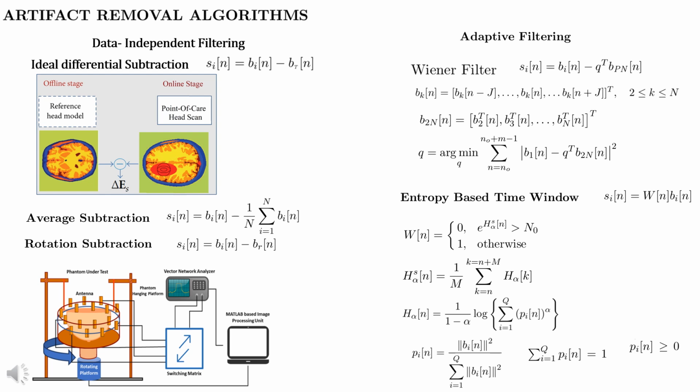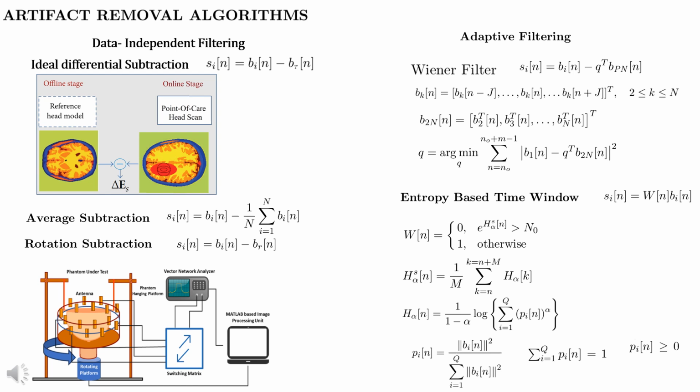The Wiener filter adapts its parameters to minimize the mean square error between the received signal and the desired target signal. It uses surrounding signal information, BPNN, and minimizes the error through optimization of the filter coefficients, Q. This method is highly effective at filtering out noise and unwanted signals dynamically.